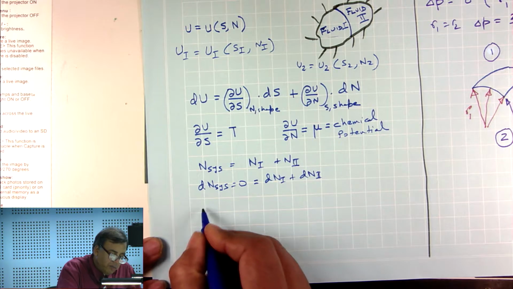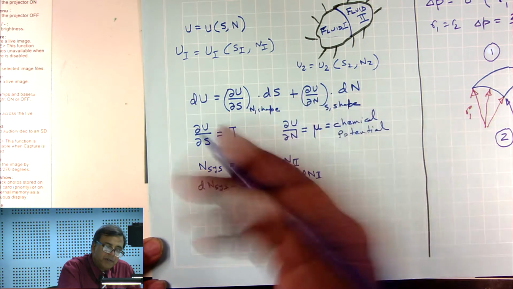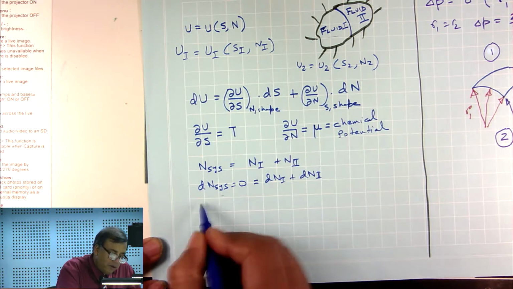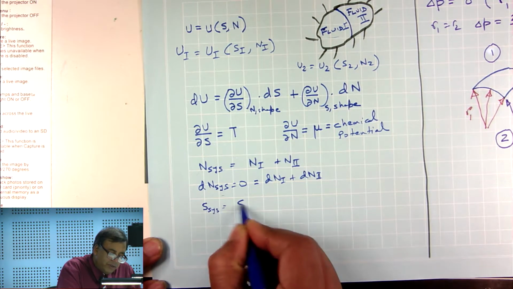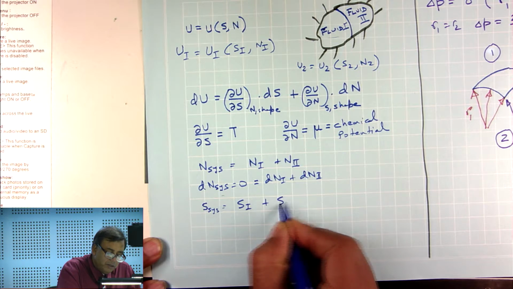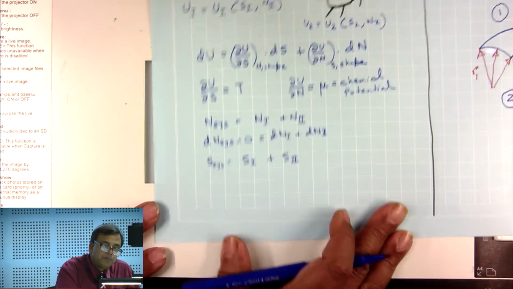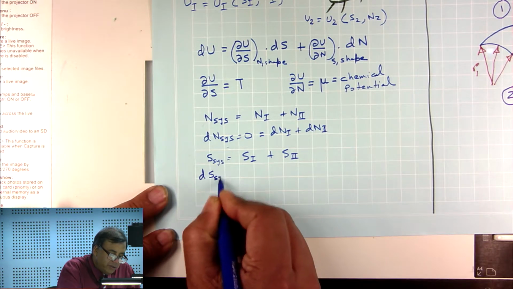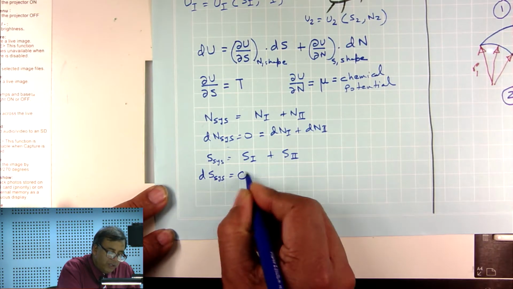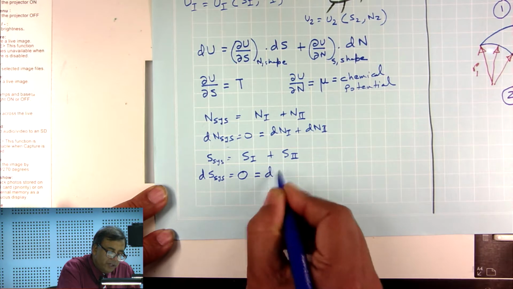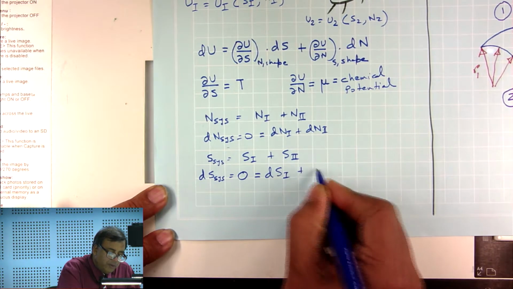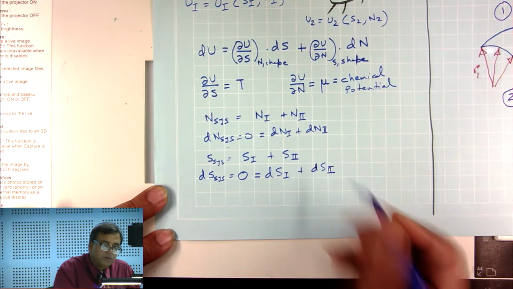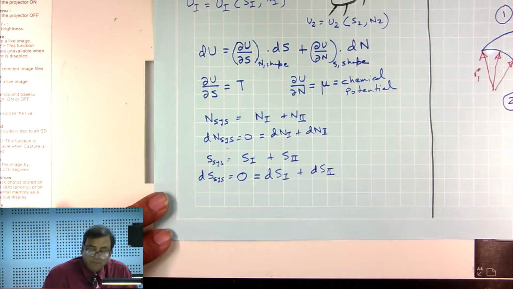And similarly, since there is no heat transfer, the S of the system is equal to the entropy in phase 1 plus entropy in phase 2. So, dS system should be equal to 0 because there is no heat transfer, and so that should be equal to dS1 plus dS2. You all with me?